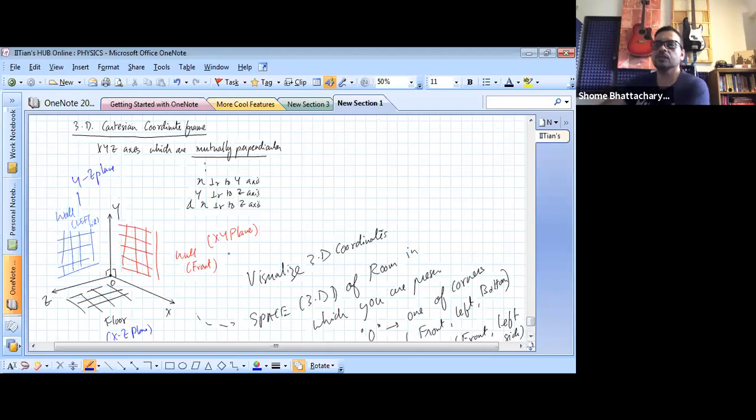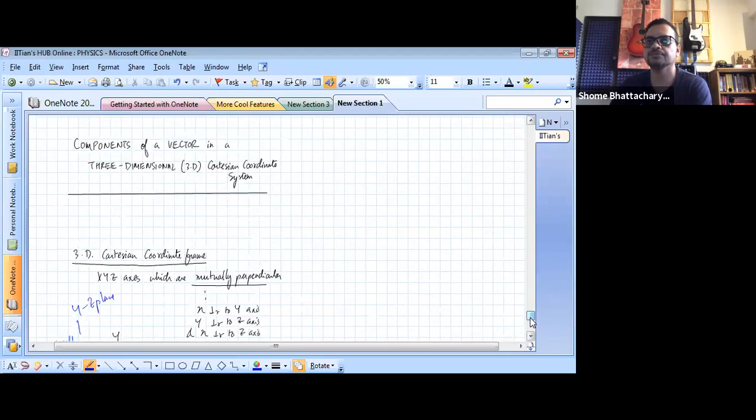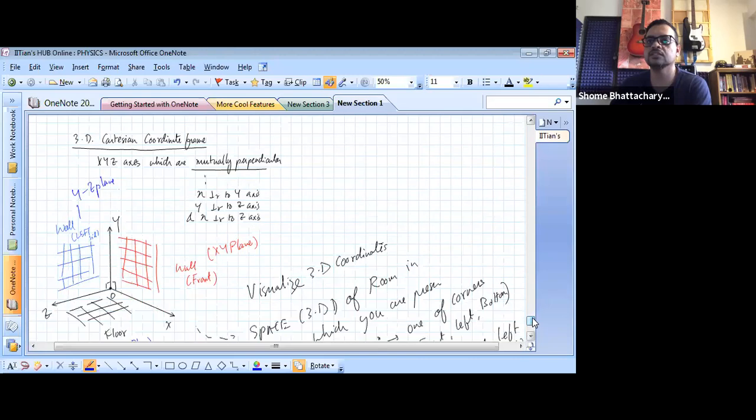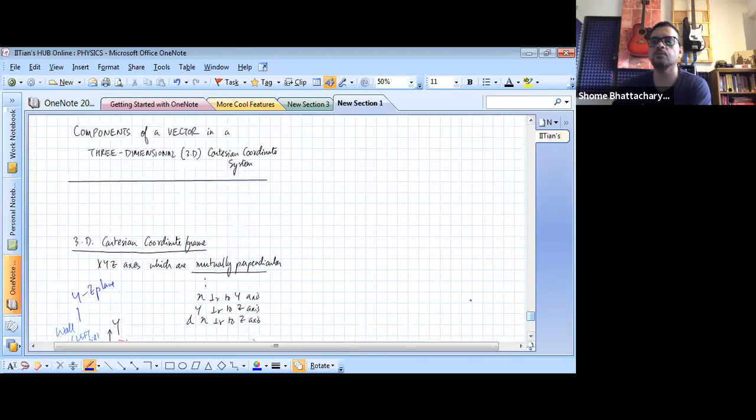Okay, so now you can note down the heading and this part. Give enough time. So the next thing that we are studying is about the components of a vector in a three-dimensional system or three-dimensional Cartesian coordinate system. So the first thing that we need to understand is what is a three-dimensional coordinate frame itself. And below this is how we understand the geometry of the mutually perpendicular dimensional axis.